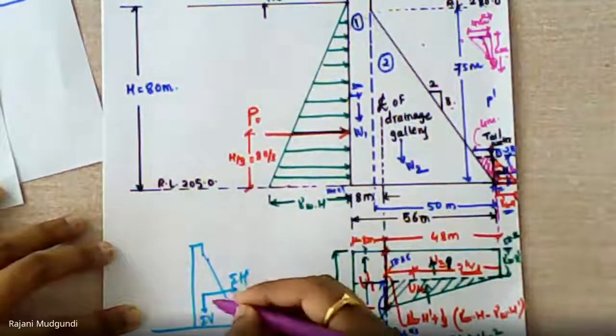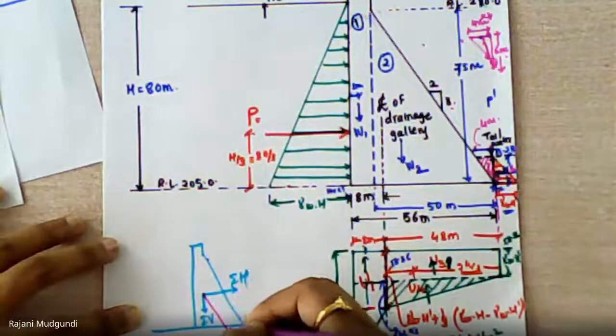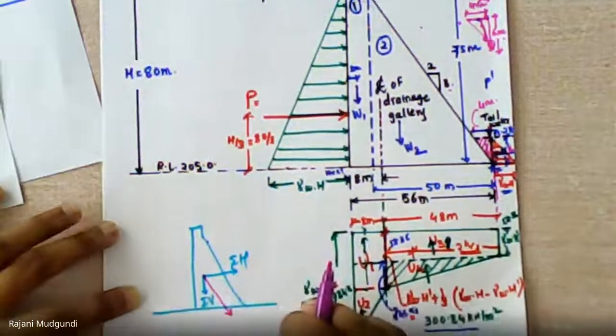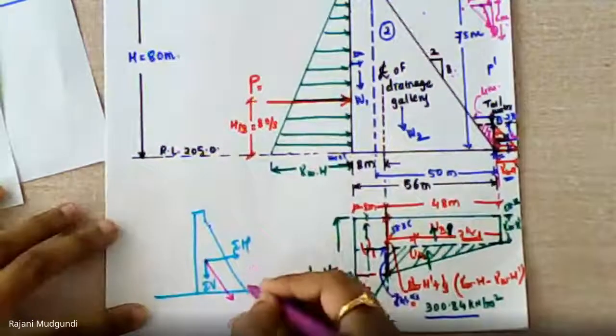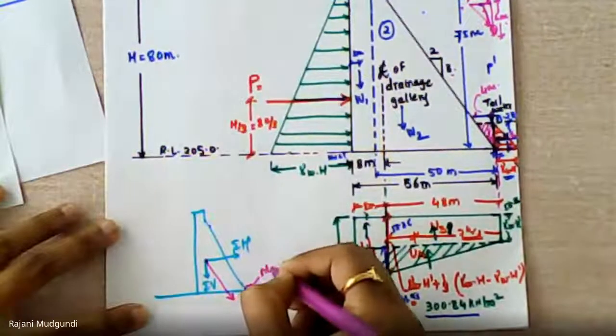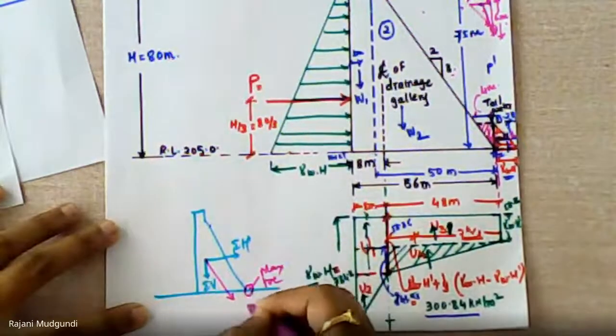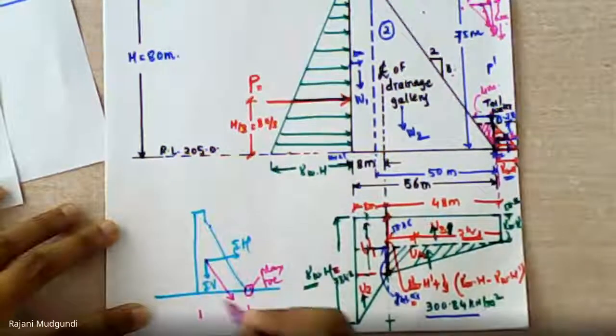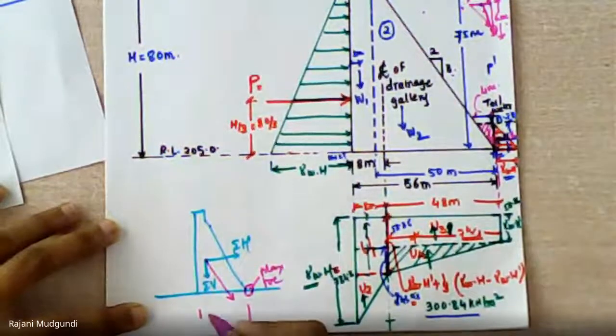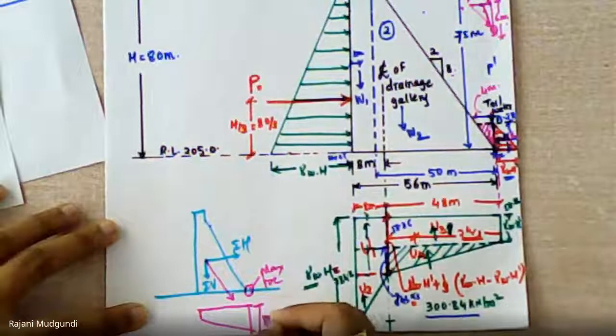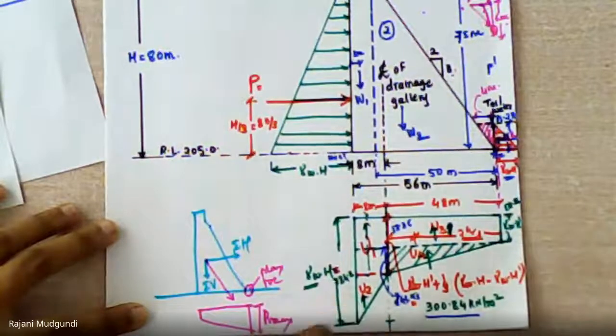So the resultant will be acting towards the toe. Therefore, maximum stresses will get developed at the toe and minimum stresses will get developed at the heel. Right? So this is the maximum compressive stress that will get developed, and at the heel it will be the minimum stress.